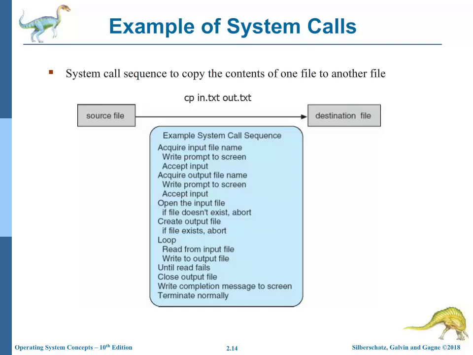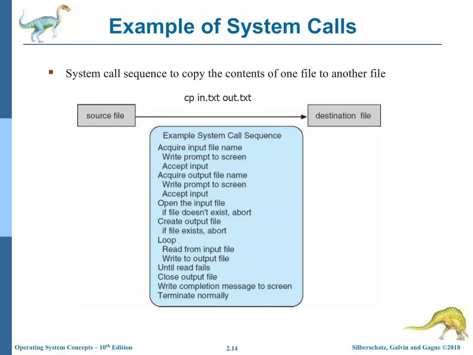Then we do a loop. We read from the input file and write to the output file. We do this loop until we finish all the reading from the input file. Then we close the output file, and we write a completion message to the screen to tell the user, and we terminate this call normally.